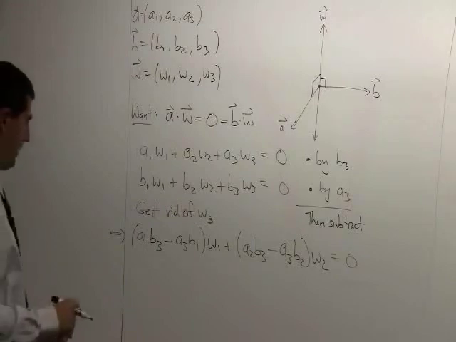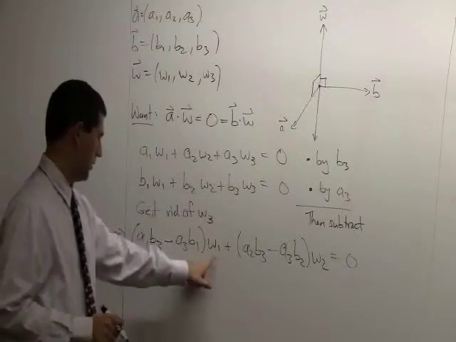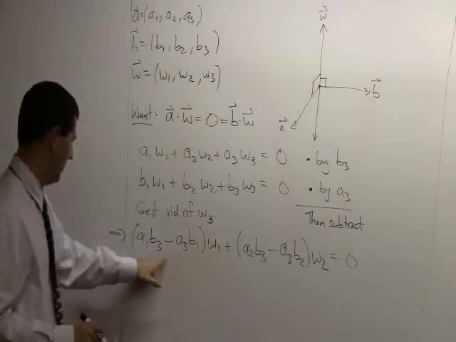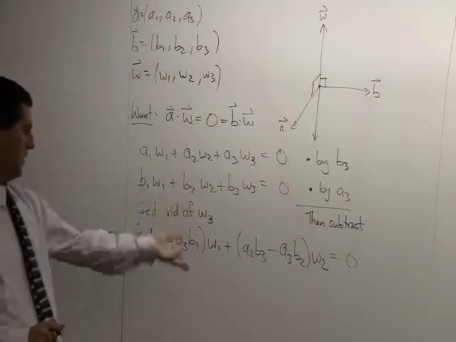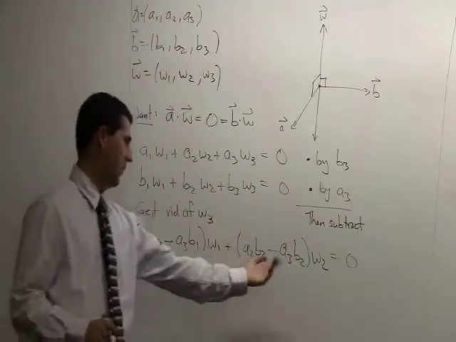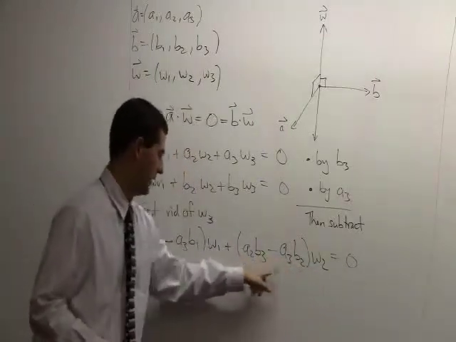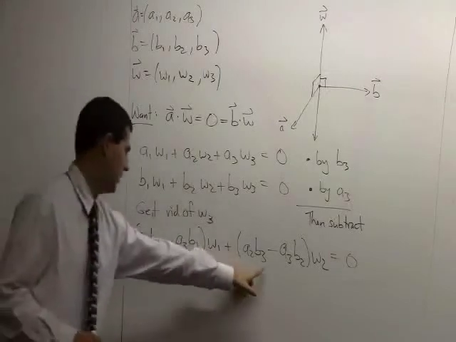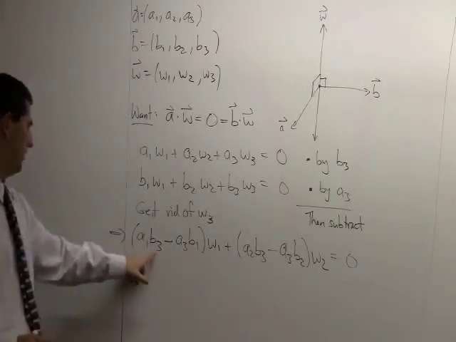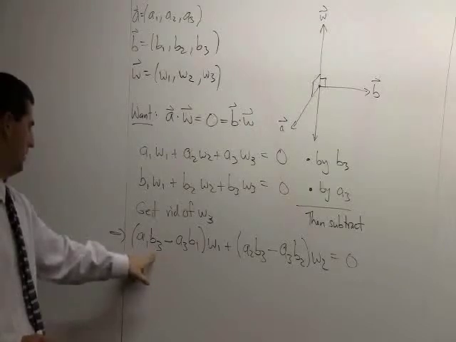So let's see here. I want to multiply this thing by a W1 such that I get basically the negative of what happens when I multiply this thing by W2. So here I have a B3 and a B3.